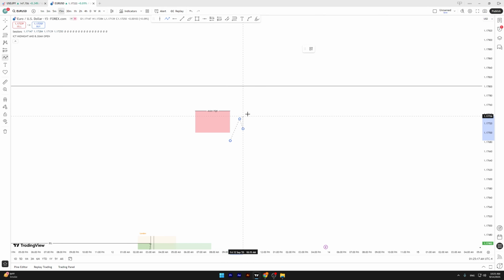This is your midnight open. For example, price traded above the midnight open and took out the Asian high in the London session, and then I will target the low. So let's say this is your midnight.